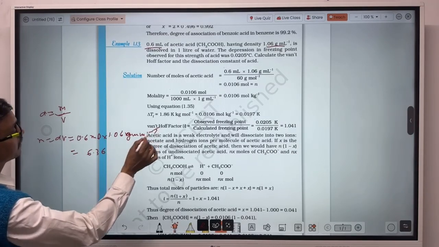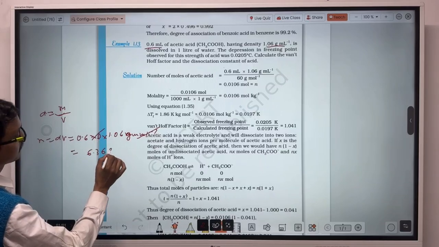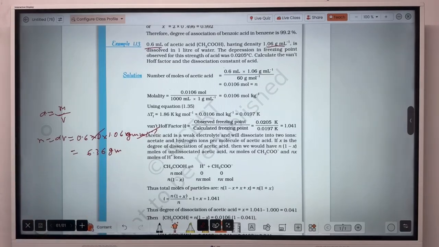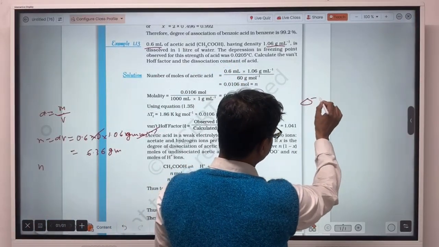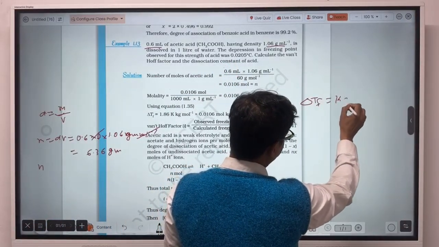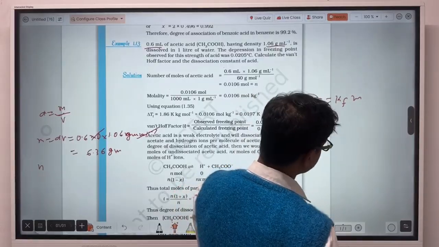The milliliters cancel out, so 6.36 grams will be the mass of acetic acid. Now, you will have to calculate molality, because depression in freezing point equals Kf into molality of the solution.